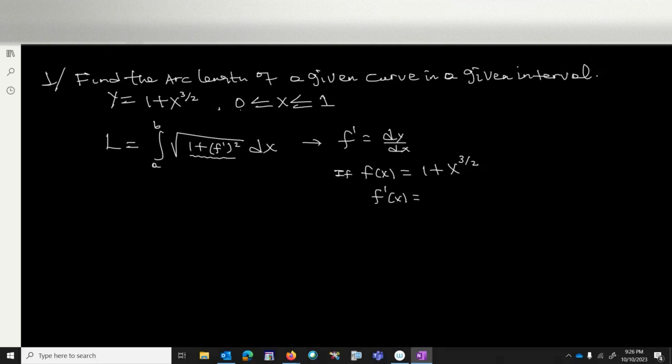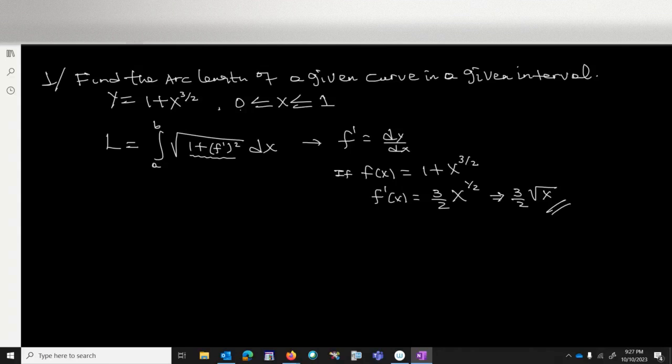You know the rule of derivative: the derivative of the constant is 0, and the derivative of x to the power of 3 over 2 is, I bring 3 over 2 to the front, and then subtract 1 from 3 over 2, so I remain with x to the power of 1 over 2. I can rewrite this as 3 over 2 times the square root of x. So this is my derivative.